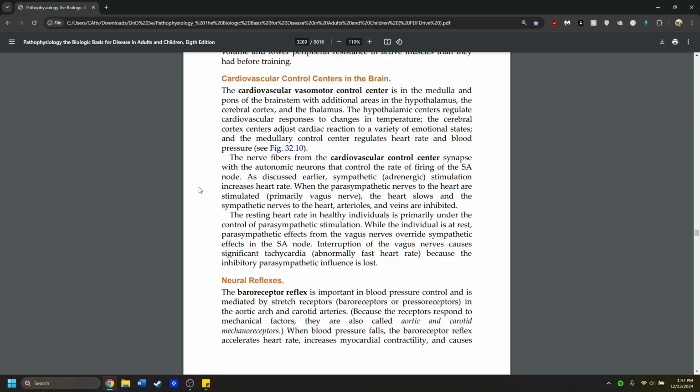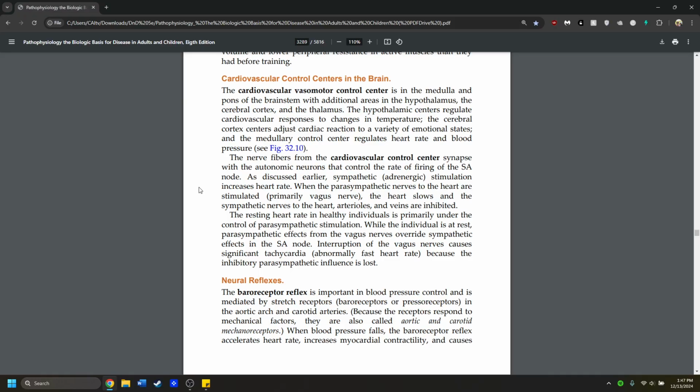Cardiovascular control centers in the brain. The cardiovascular vasomotor control center is the medulla and the pons of the brainstem, with additional areas of the hypothalamus, the cerebral cortex, and the thalamus. The hypothalamic center regulates cardiovascular response to changes in temperature.